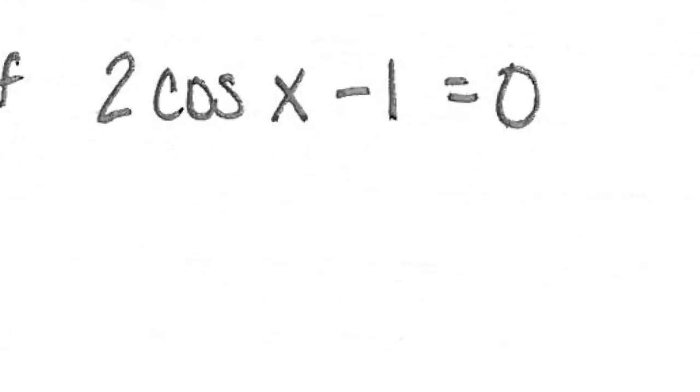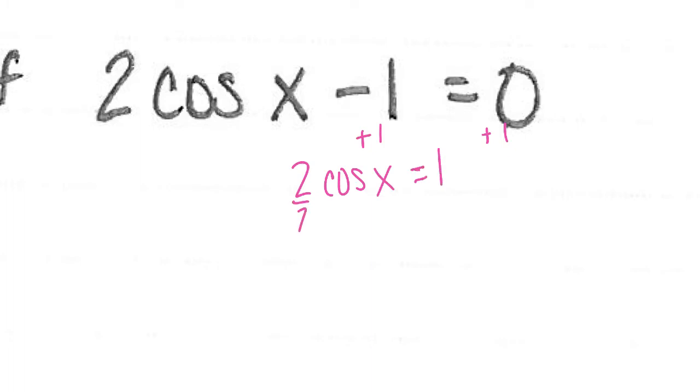of this. So just like you would do in Algebra 1, we're going to go ahead and add 1 over 2 cosine of x is equal to 1 and divide by 2. So I'm learning that the cosine of x is equal to 1/2.